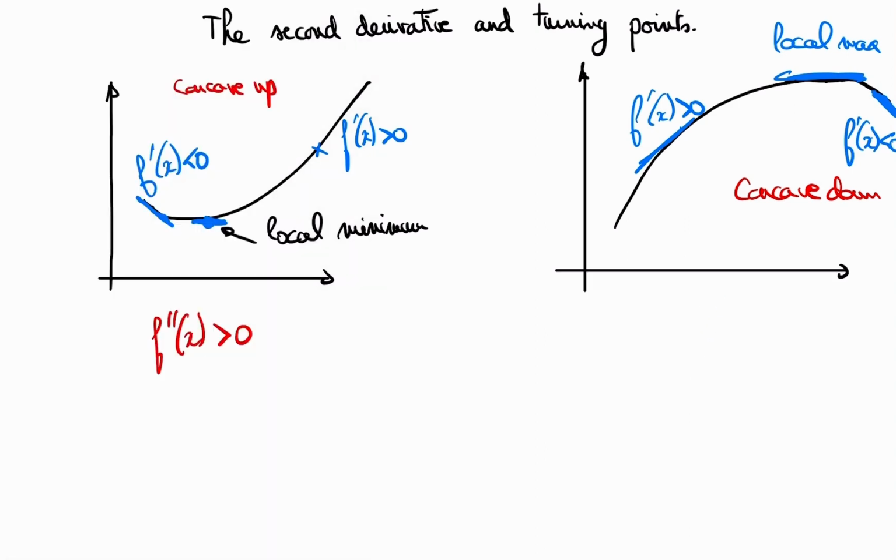Because the derivative keeps decreasing, that means that the second derivative must be negative.